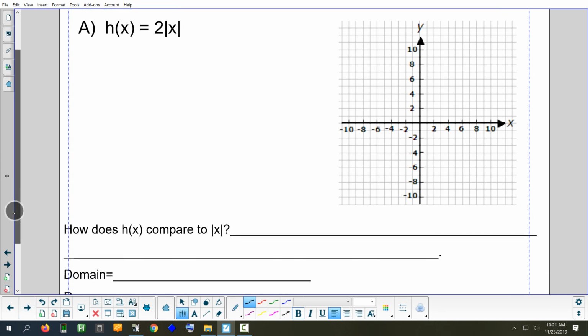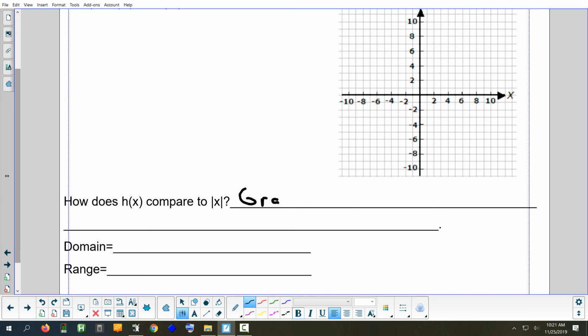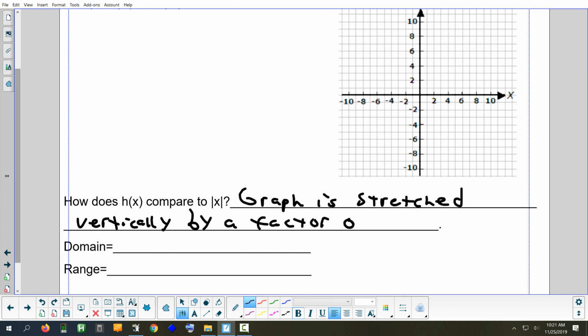So this is what you want to write right here. Graph is stretched vertically by a factor of. That's the same in every single vertical stretch problem that you write. That's how it always starts.